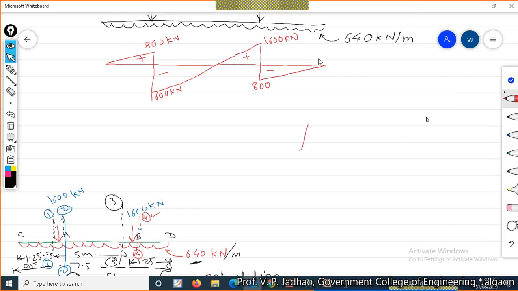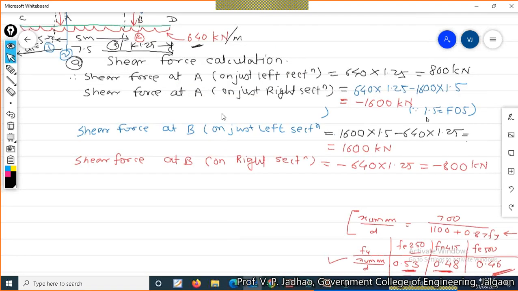Now next step is to draw the bending moment diagram. To draw the bending moment diagram, we'll go down.